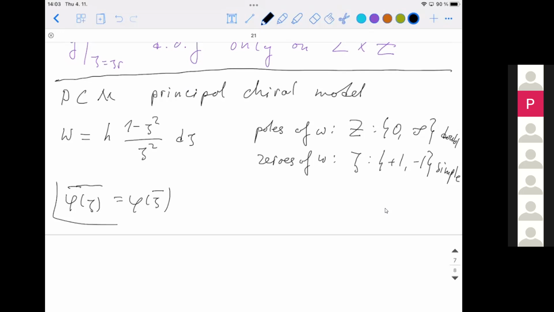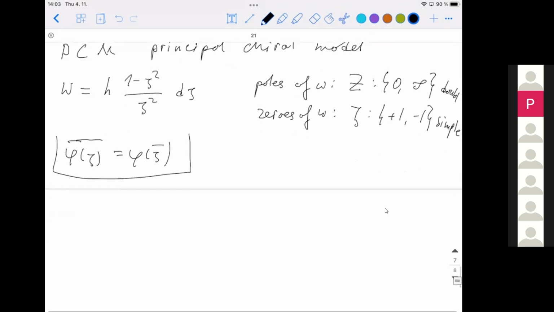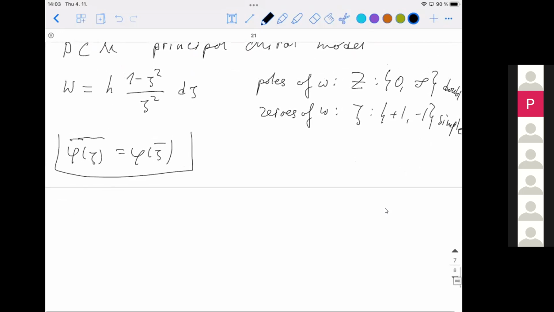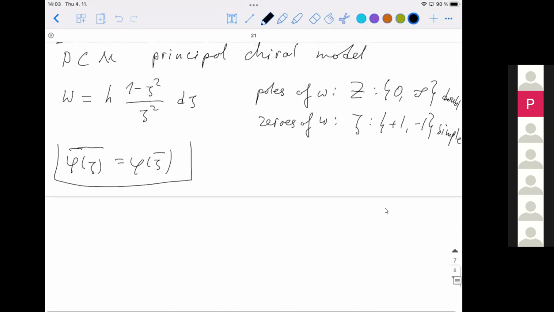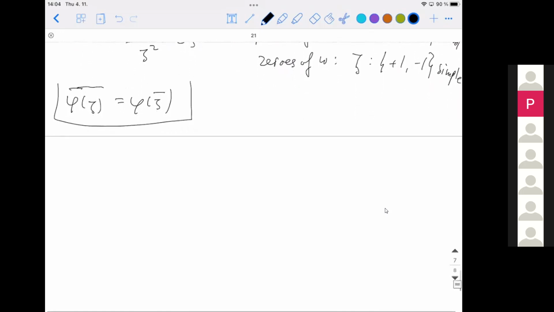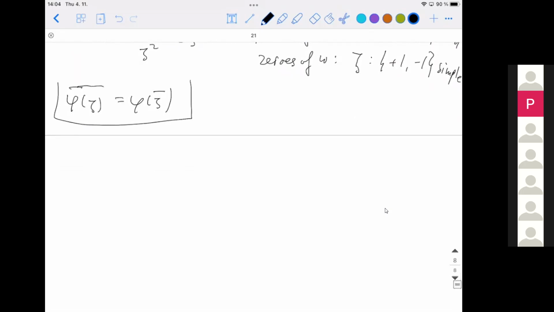So this is the reality condition. So now we need to use the zeros and poles of this omega to produce a two-dimensional integrable field theory. Yeah, so we also have these boundary conditions here.